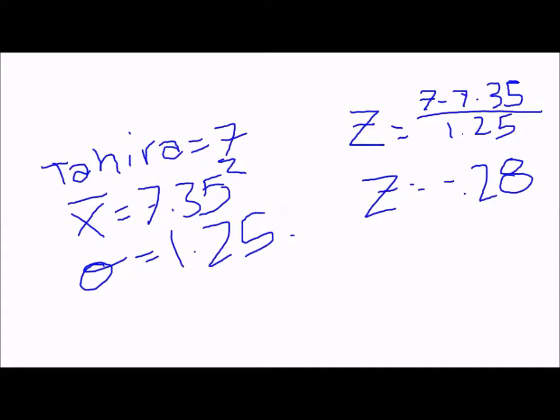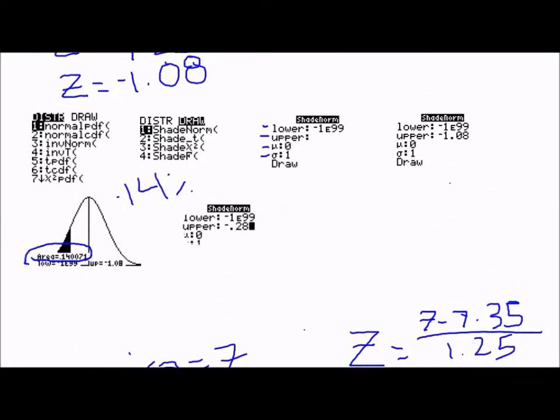Again, we go back to our calculator, enter our upper bound as negative 0.28, and get a curve that is like this. We find that the area is about 0.39. But that is the percentage of feet smaller because it's going down. So we want to find the other side of the bell curve.